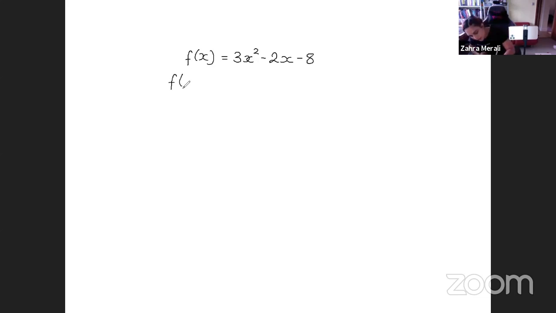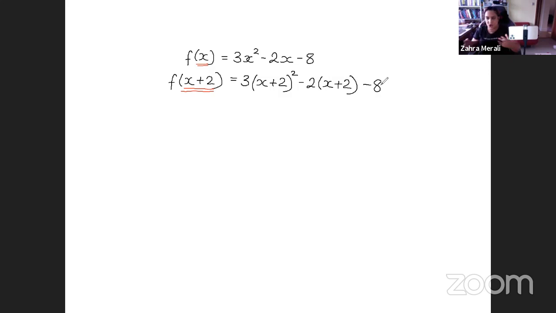So then we've got f(x plus 2). Wherever there's an x as my input, I'm replacing it with x plus 2. So what we get is 3(x plus 2) all squared minus 2(x plus 2) minus 8.